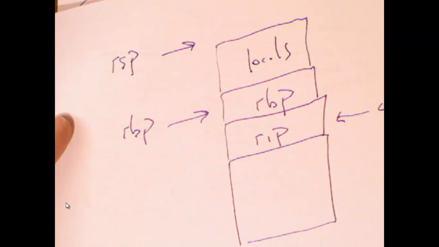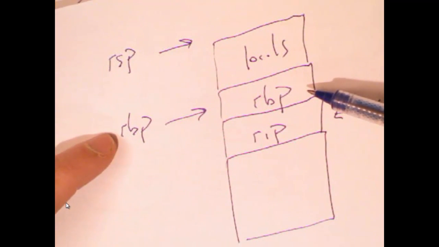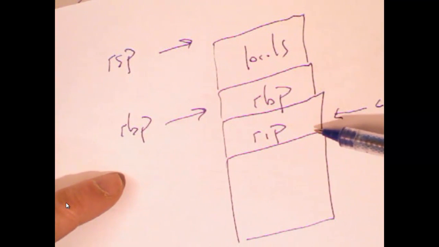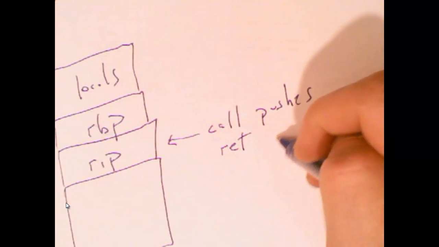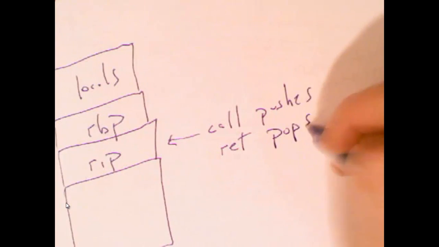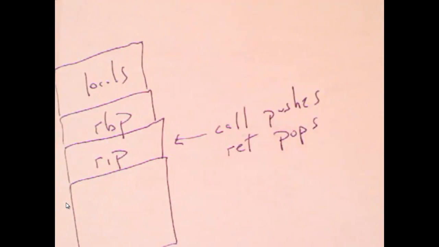Okay, when I go to do the return, I'm just going to undo that, right? I'm going to get rid of the locals, and then I'm going to pop the frame pointer back into the frame pointer register, and then I'm going to pop the instruction pointer back into the instruction pointer. That's what the return instruction does, right? So the call pushes, and the return pops. Okay, and that's how frames get constructed and deconstructed.